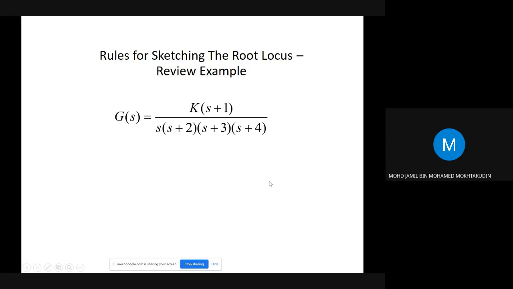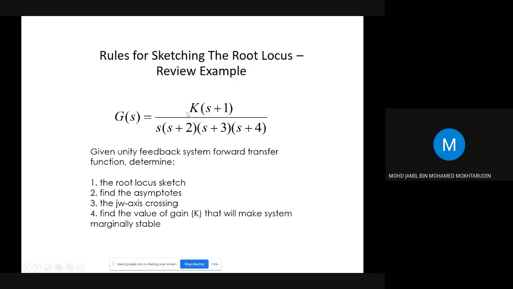Okay, so let's say you have this forward transfer function. G(s) is the forward transfer function given unity feedback. Unity feedback maksudnya, this is forward, and this is your unity feedback.